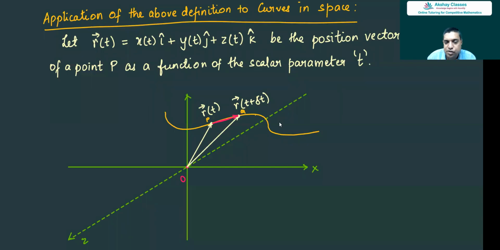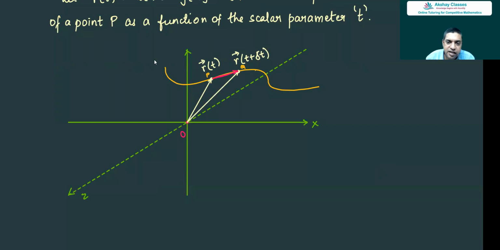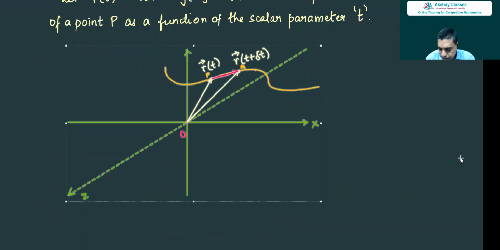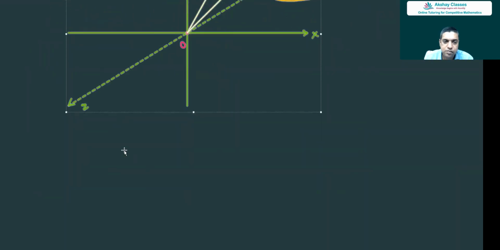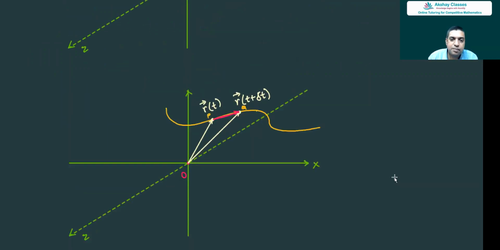When delta t tends to 0, I'll draw the same curve. So now what happens?